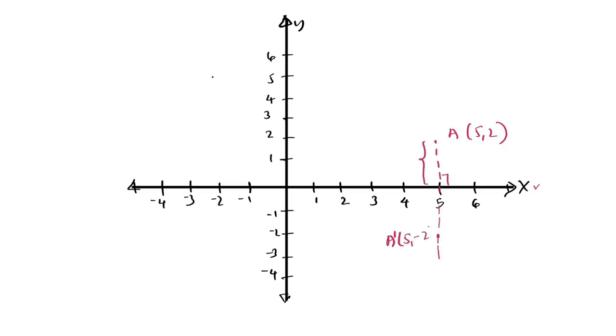-2. Okay, so next we are going to draw the line y equals to x. Then we draw a perpendicular line from point A image crossing line y equals to x.